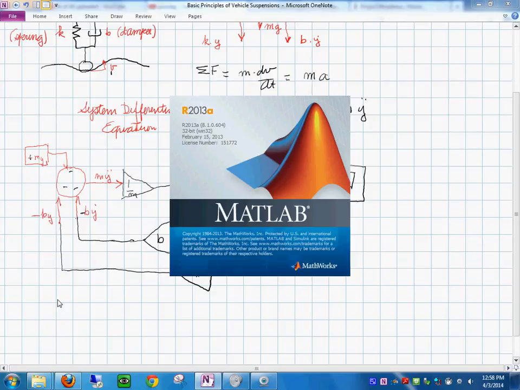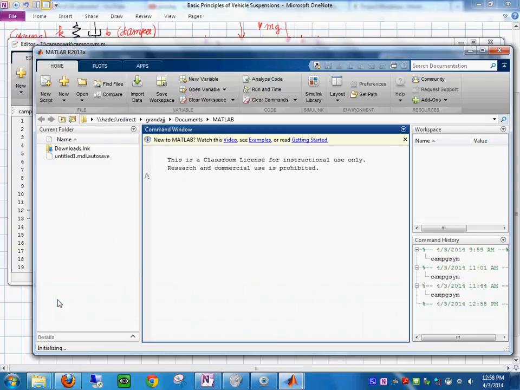If you run MATLAB here, here's what will happen. It immediately calls Simulink, and using Simulink you could actually produce a simulation of this model, and that's what we're going to try to do.